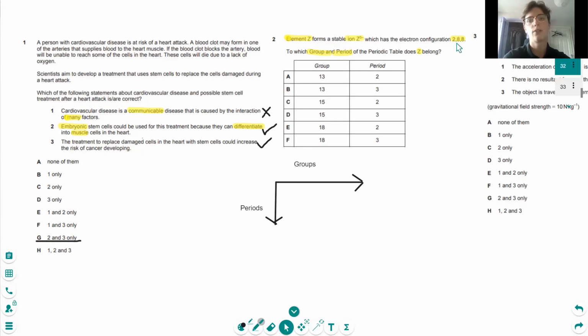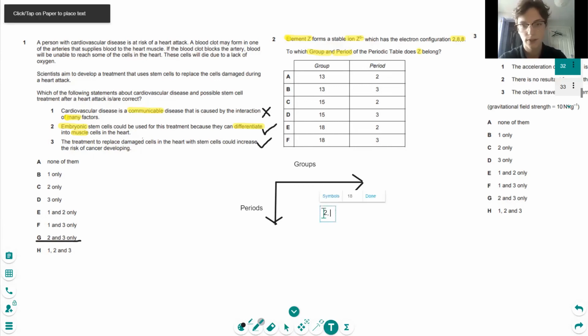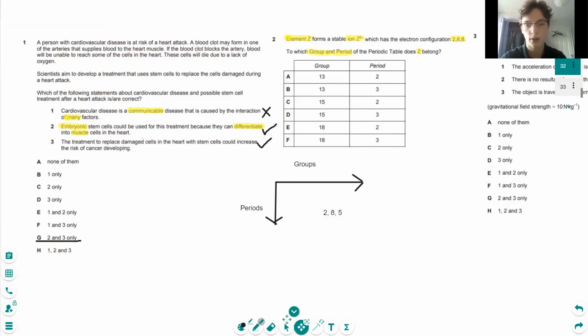So Z itself, because electrons have negative charge, must now have an electron configuration of 285, because it has lost 3 electrons from its ion to give us the actual element where it has no charge. So which group is element Z going to be in? It's going to be in group 5, because it's got 5 electrons in its outer shell.